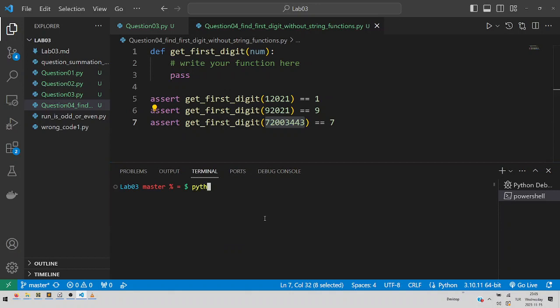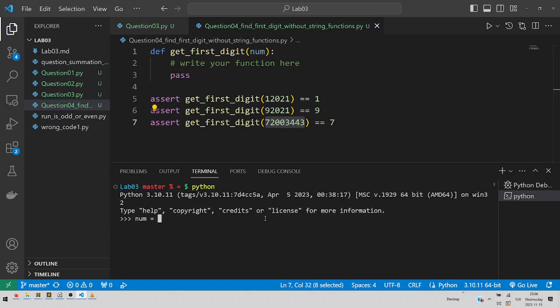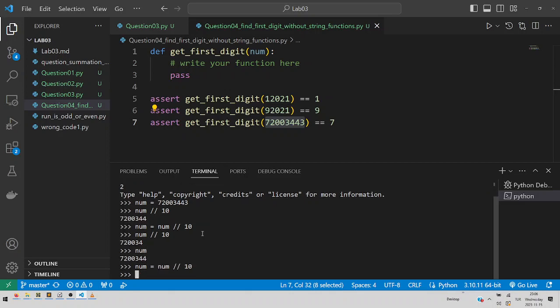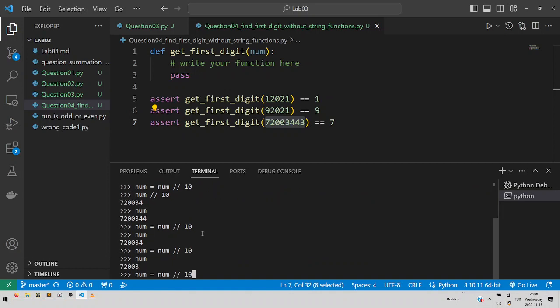In the Python shell, if I write python, and let's say that num is this one, then if I use this integer division, as you can see, I am getting rid of the last digit. I can look at num again and do this again and again.